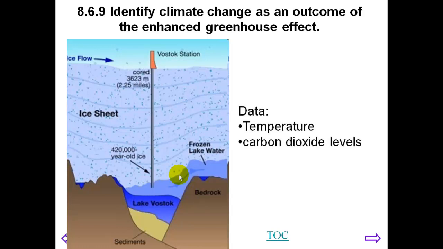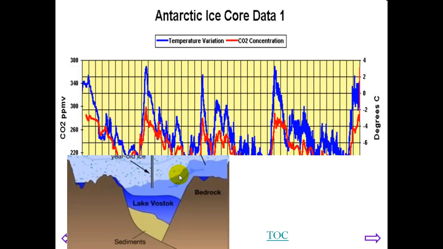We find what the temperature was by looking at the kind of crystals that are formed, and also the amount of carbon dioxide dissolved at that level. So at any point in time we can find out what the temperature was and what the carbon dioxide level was. And it's this that we need to look at.